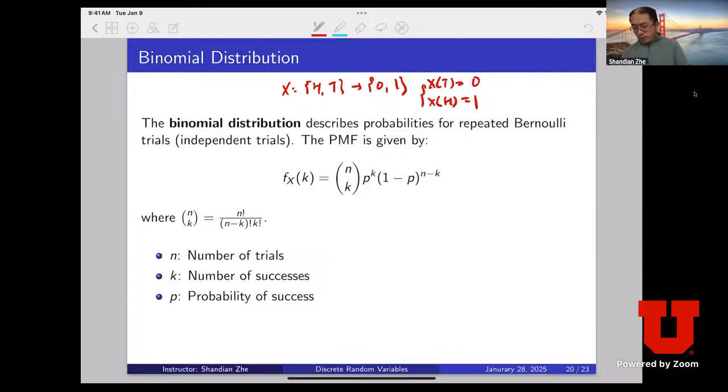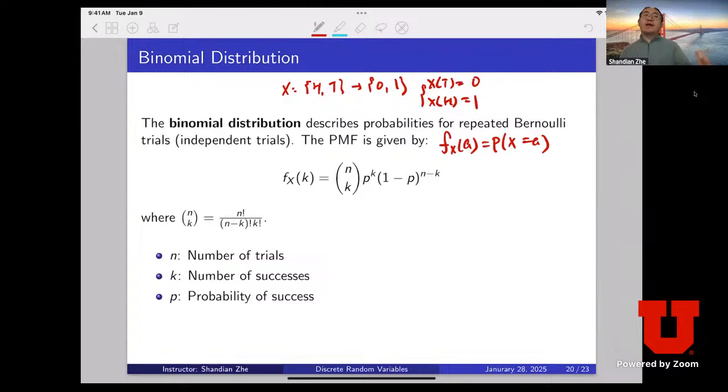So I'm just writing down here. This is a notation of mass function. Basically, this represents the probability that your Bernoulli random variable takes value A, right? And for the Bernoulli random variable, we only have two values, either 0 or 1.